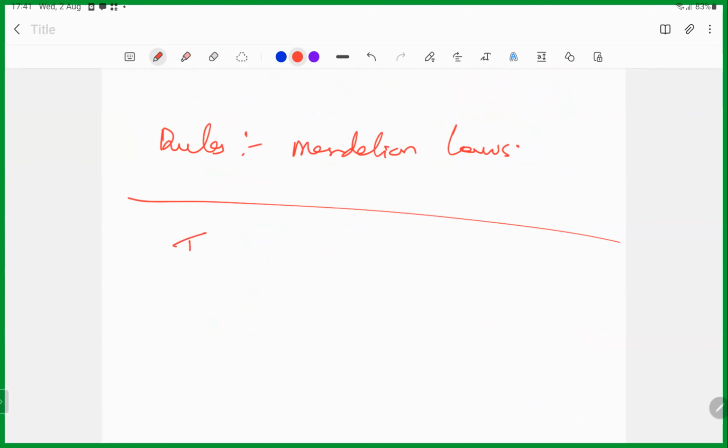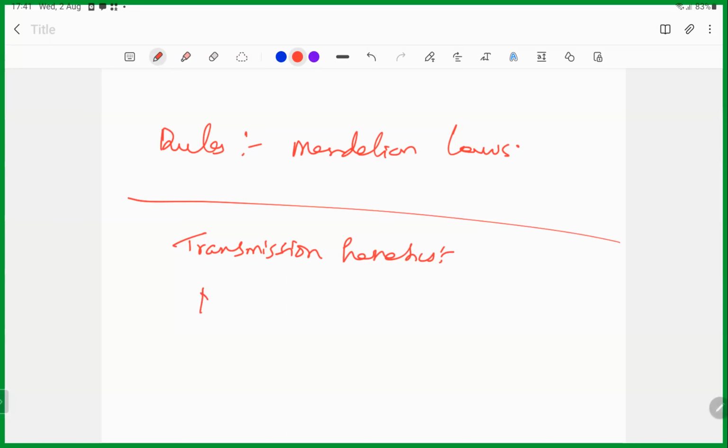Classical, or you can say transmission genetics. What is transmission genetics? The classical genetics: how characters are transferred from parents to progeny, like Mendelian experiments. That's transmission genetics.